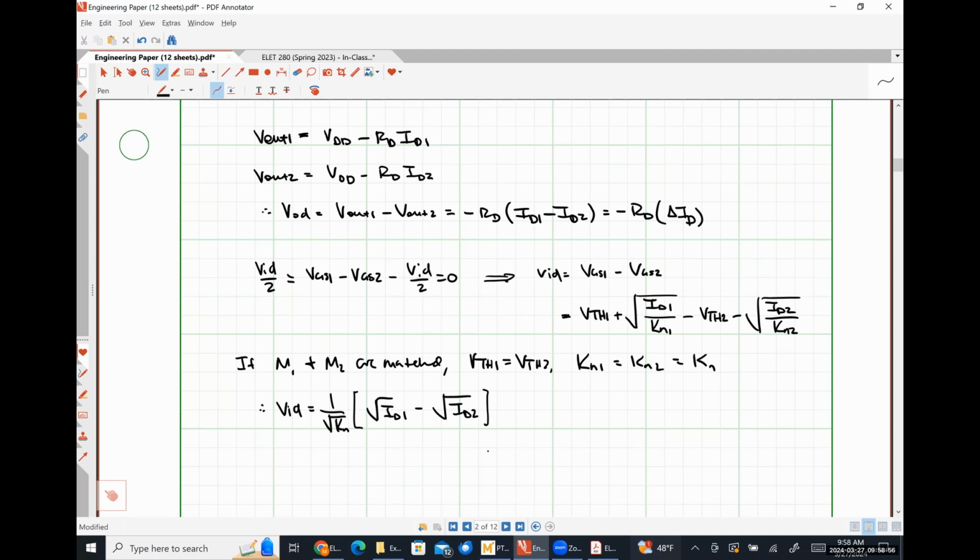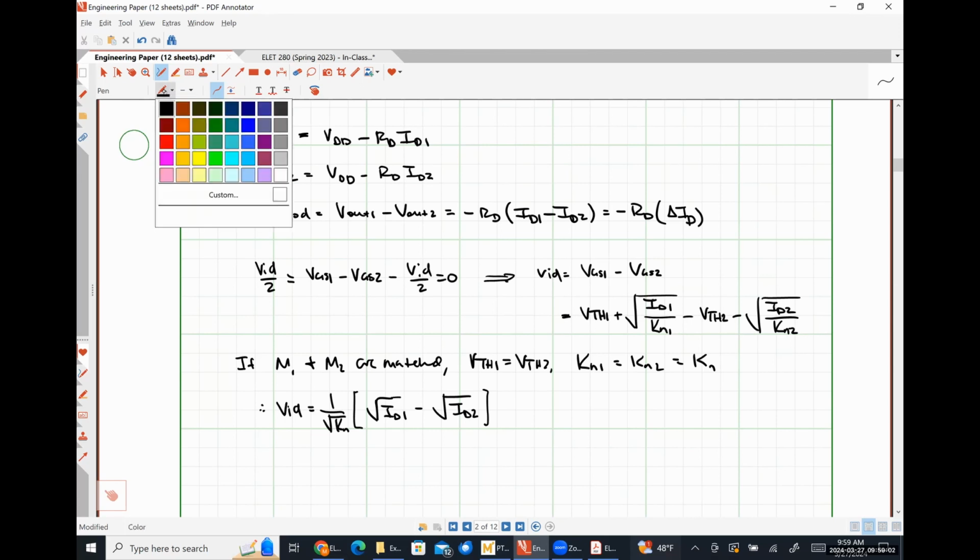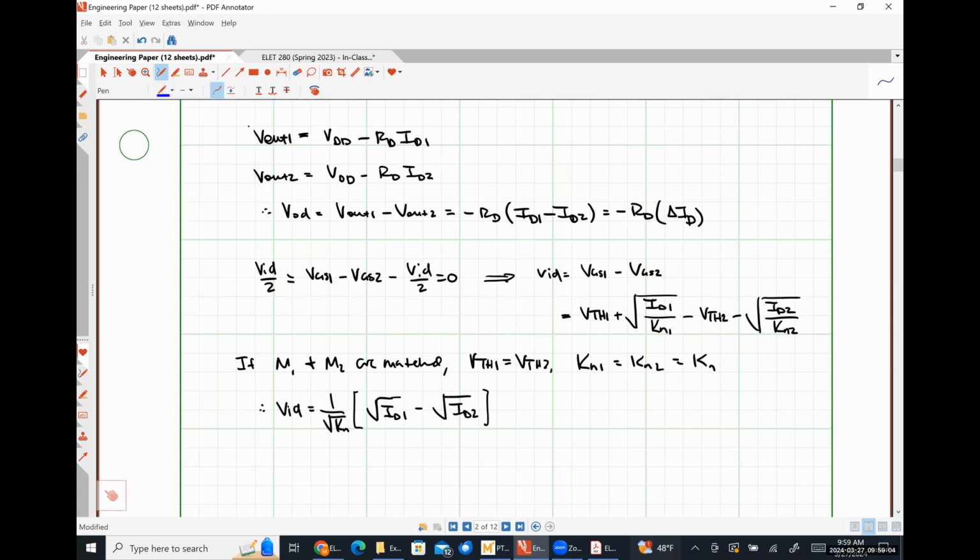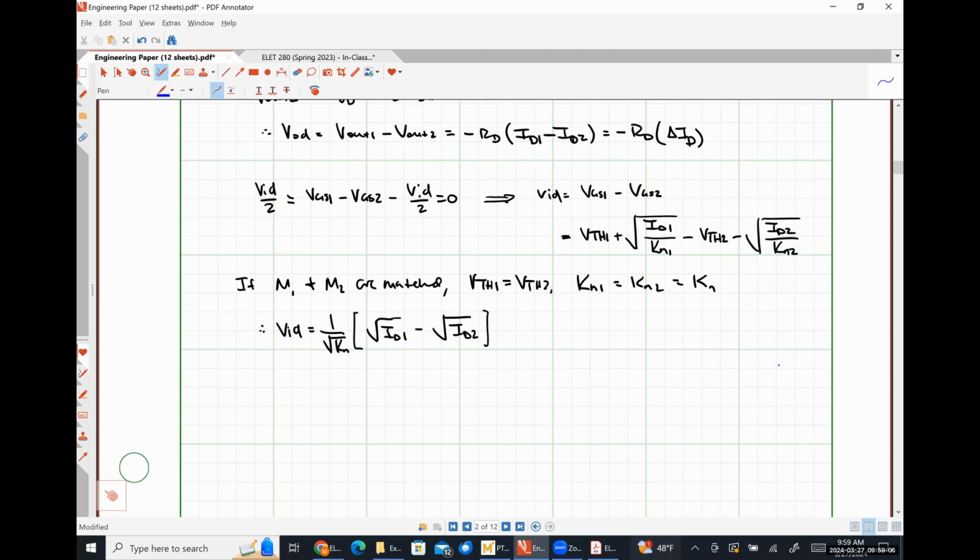Now we're going to do a little bit of manipulation for this guy, okay? I'm going to do this in a separate color so I can show you what we're doing over here. So we know that ISS is ID1 plus ID2.